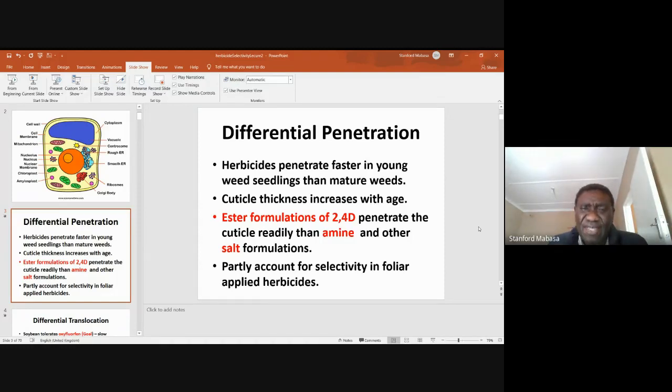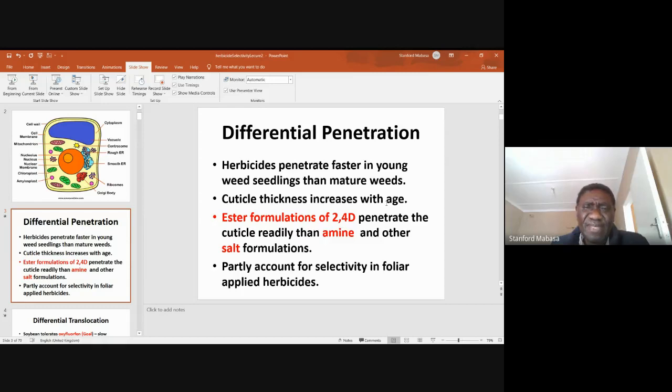It's because of the cuticle thickness which causes these differences. The cuticle thickness increases with age, which means that in the young weed seedlings, we have very thin cuticles, which allow herbicides to penetrate very fast.